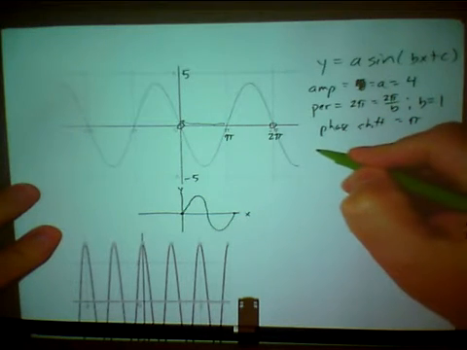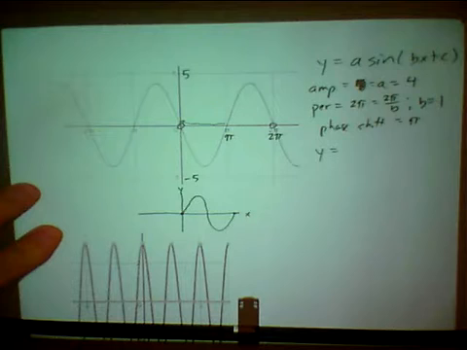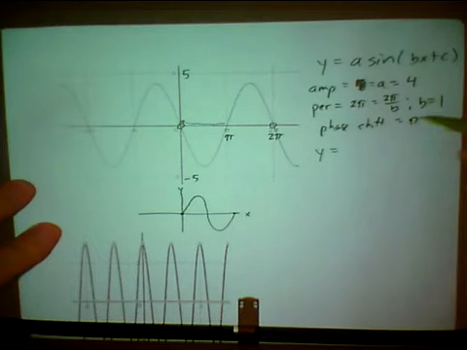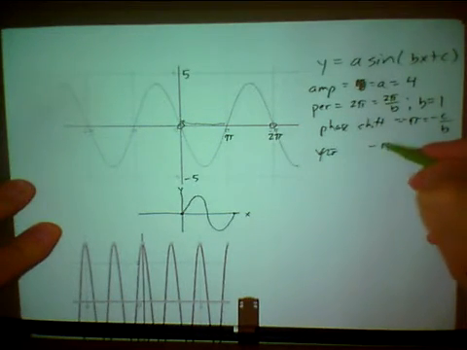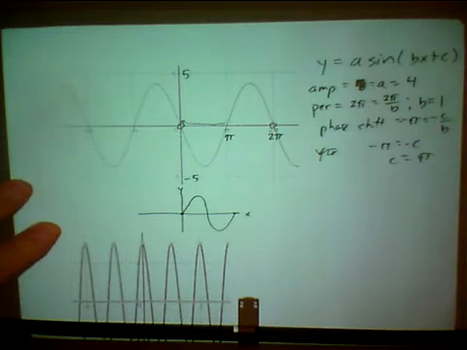So now I can say y is equal to, well, in the phase shift, actually, it's a little tricky, but I need to call the phase shift negative pi because the phase shift is negative c over b, and since b is 1, then negative pi equals negative c, c equals pi.